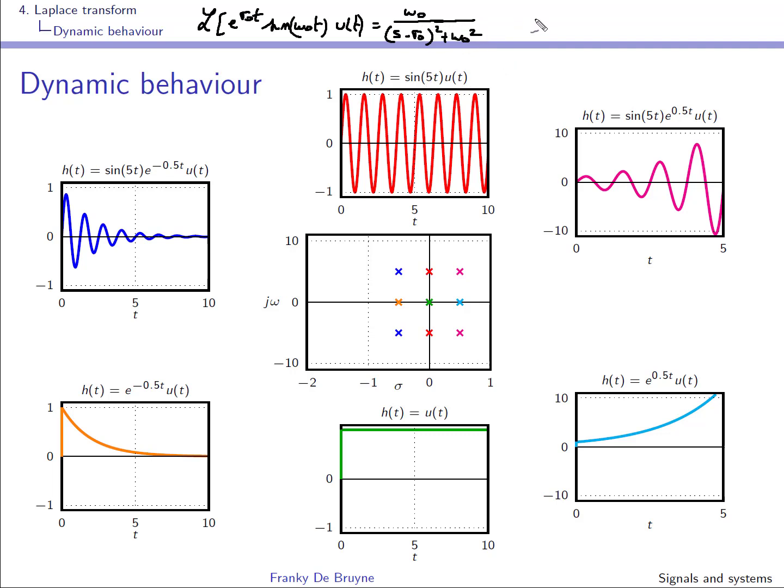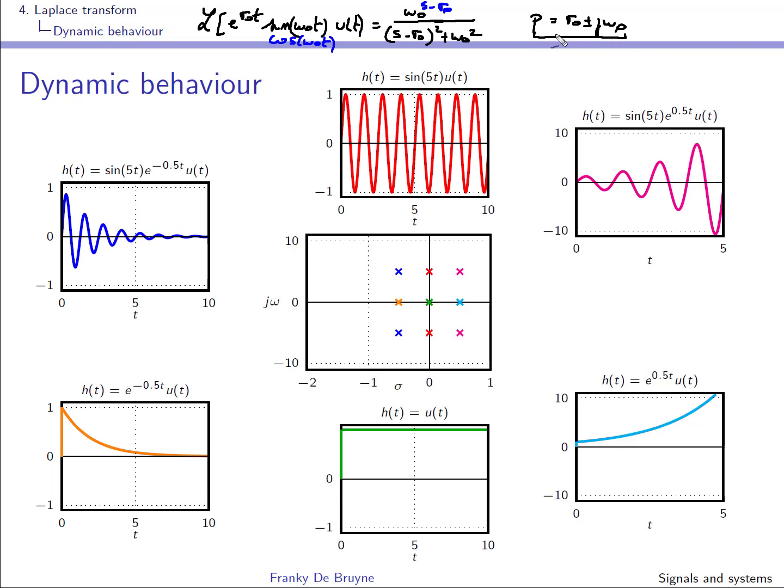Okay, so the poles are at sigma 0 plus minus j omega 0, and if you have, instead of a sine over here, a cosine, well, instead of the omega 0 you'll have s minus sigma 0. But in any case, the poles are the same.